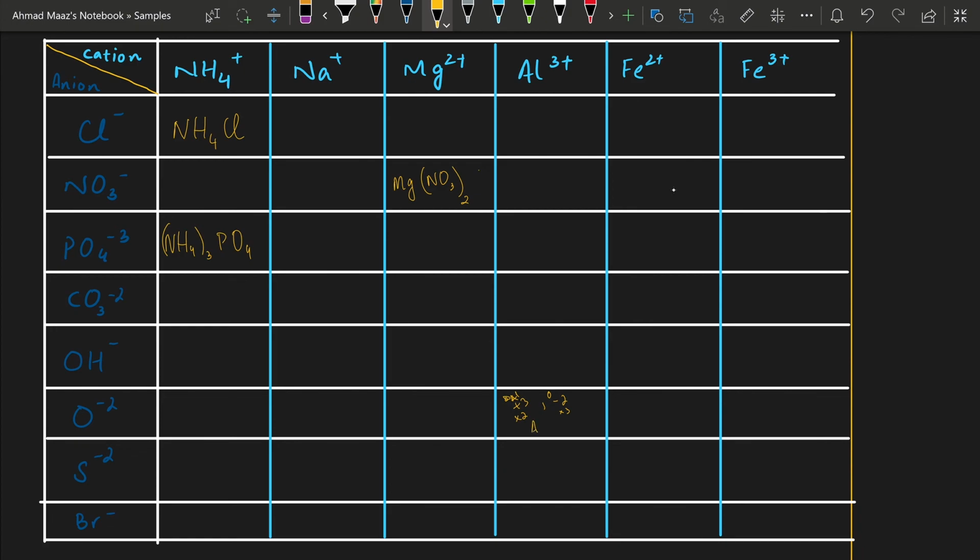So Al2O3. This can also be done by the rule that we saw earlier. Aluminum has a charge of plus 3, oxide has a charge of negative 2. This goes over here, this goes over here. So 2 goes under aluminum, Al2, and 3 goes under oxygen, Al2O3. That is how it works.